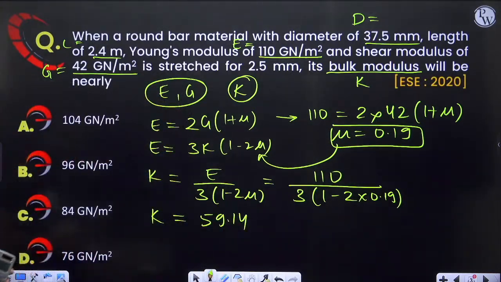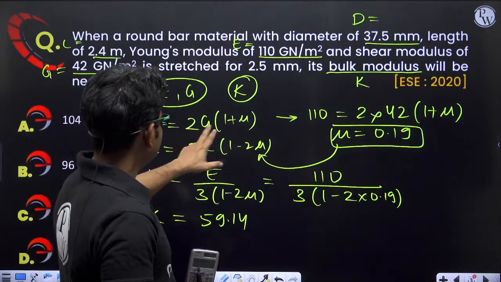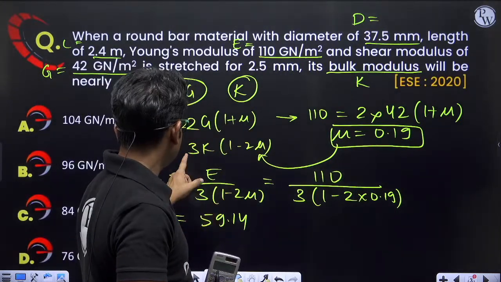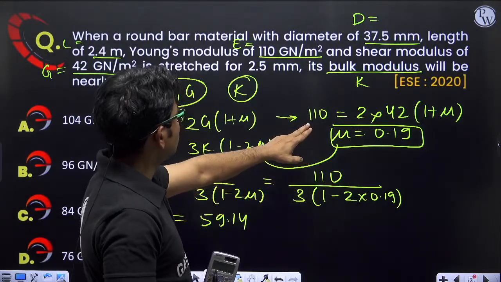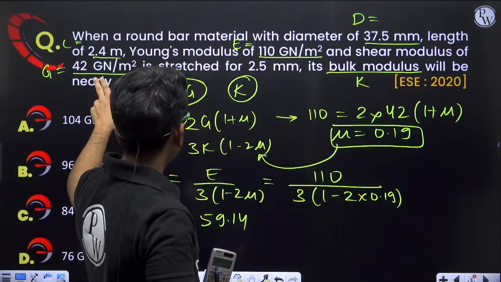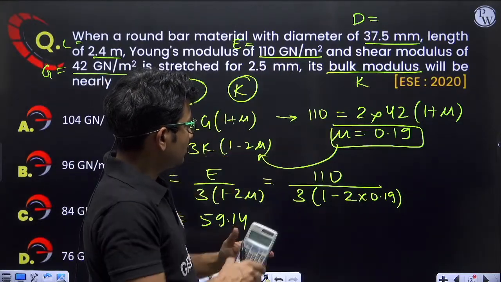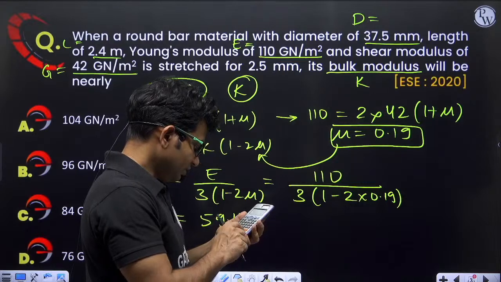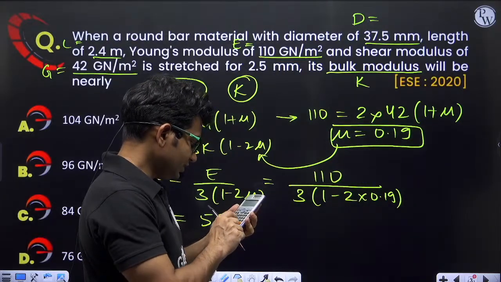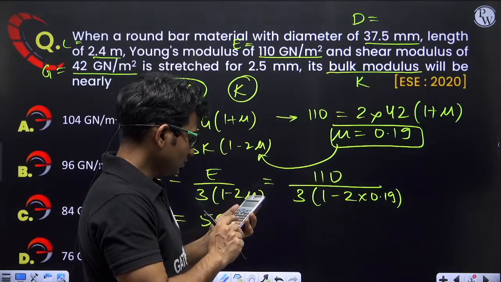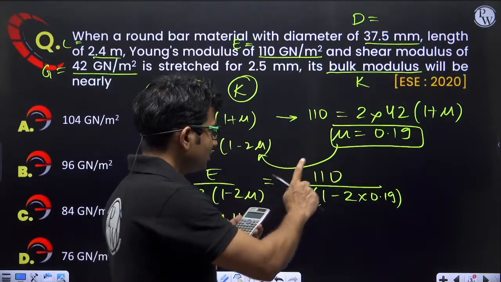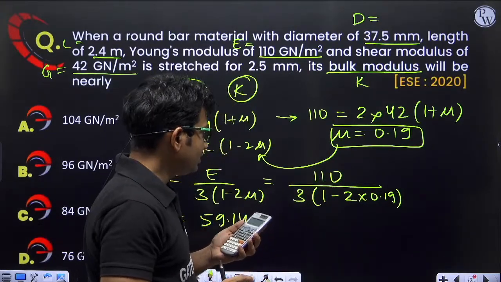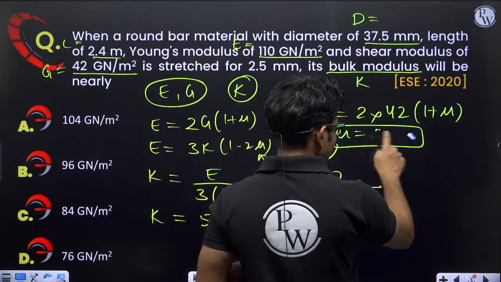59.14. No answer is matching. That means something is wrong. E is equal to 2G(1 plus mu), E is equal to 3K(1 minus 2 mu). E is 110, shear modulus 42. So 110 divided by 2 divided by 42, how much are we getting? 1.3. So this will be 0.31 actually, not 0.19.